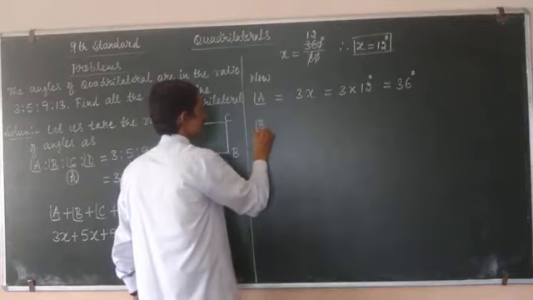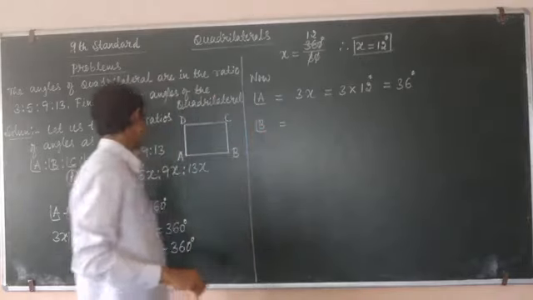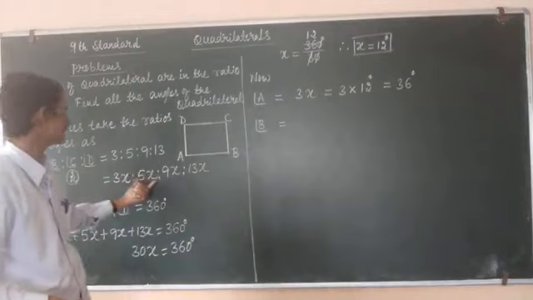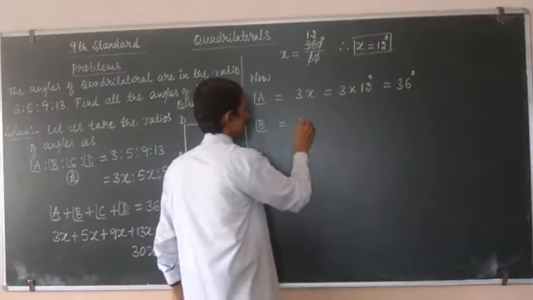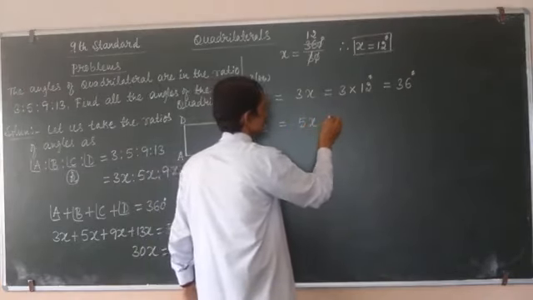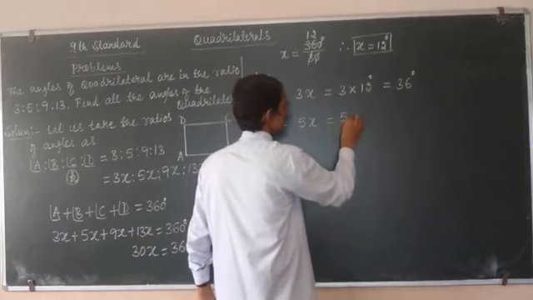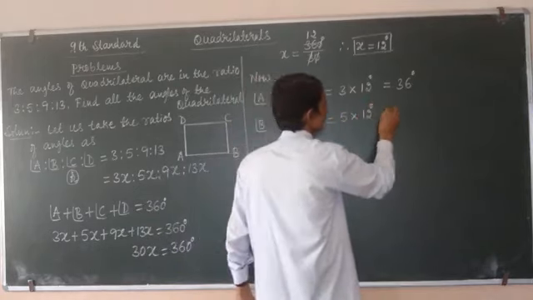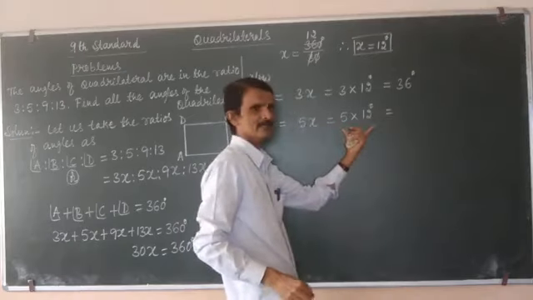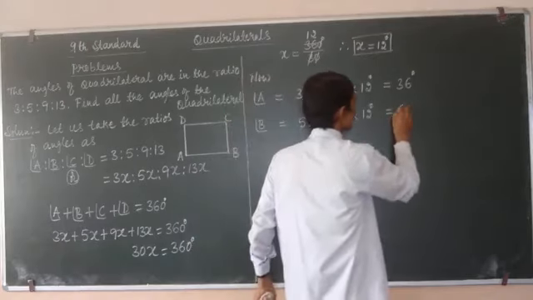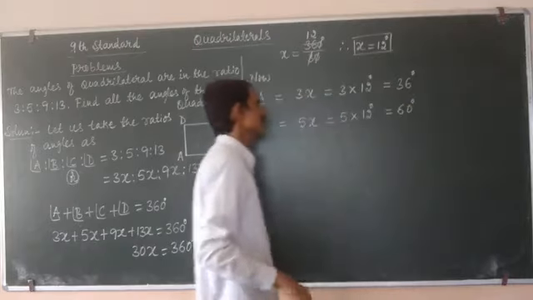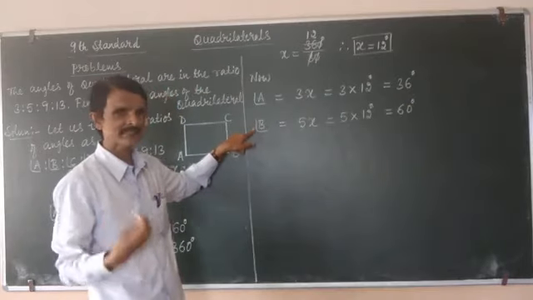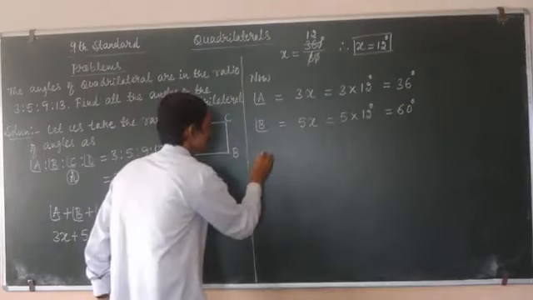Now consider angle B. The value of angle B is 5x. 5x equals 5 into 12 degree. So 12 into 5 is 60 degree. So the value of angle B is 60 degree.